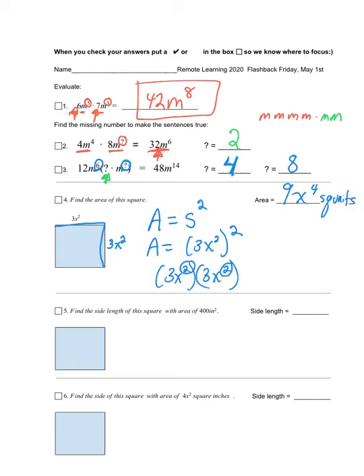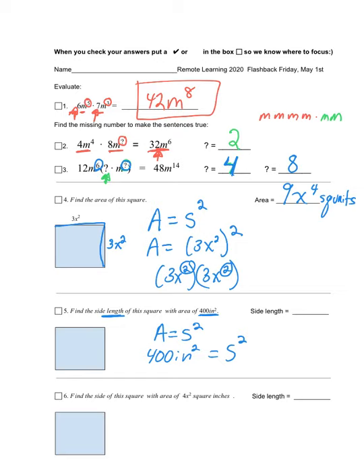Number 5, same thing. Find the side length of a square with the area of 400 inches squared. So now I have the area. Again, it's always good to write down the formula and then plug in what you know. I know the area is 400 inches squared, but I don't know the side length. But I can find the side length.